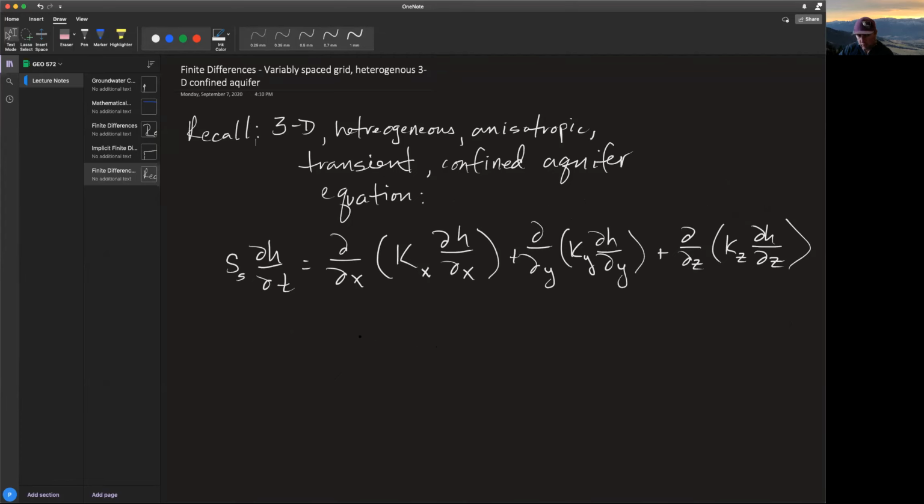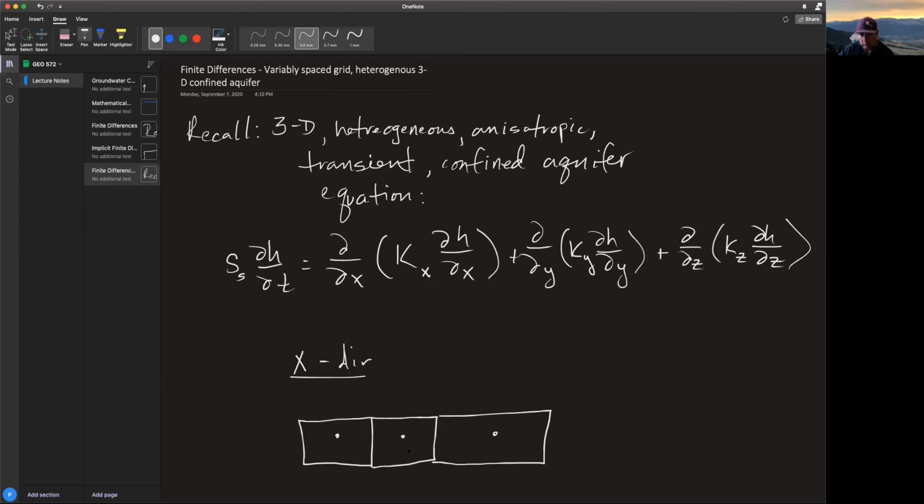All right, and we're going to think about, first of all, a grid. So let's just look in the x direction. Let's say that we had a grid. There's one cell, here's two cells, and here's three cells.